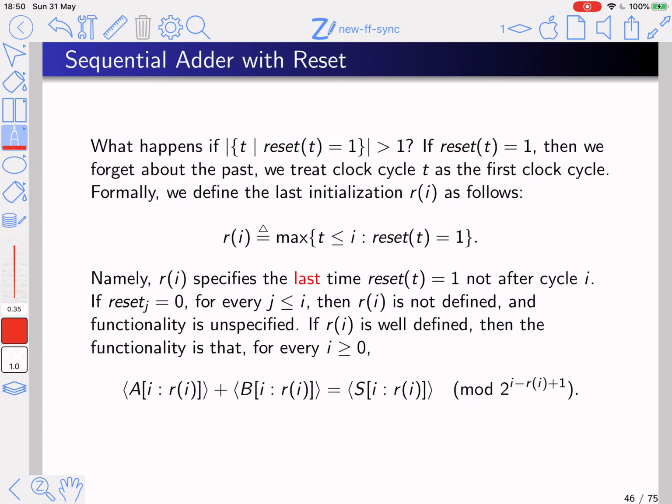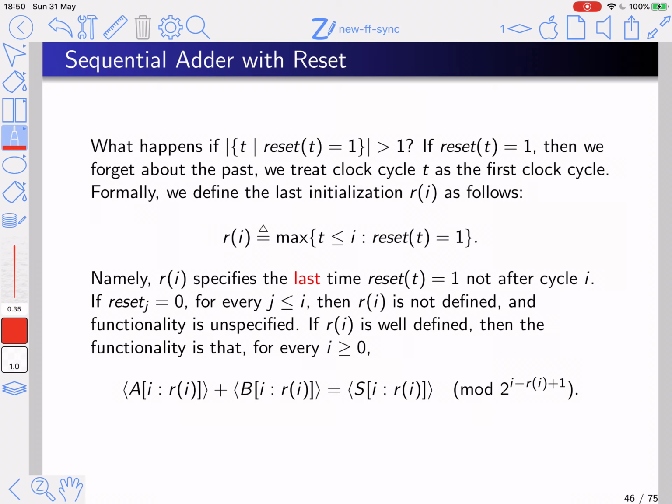So when we look at a sequential adder with reset, we look at all the times in which the reset is set to 1. Every such time is a way of restarting the counting of time. If the reset is 1, then we forget about the past and treat that clock cycle t as clock cycle 0. Now if I look at clock cycle I, I can define R_I to be the last time in which I saw a reset.